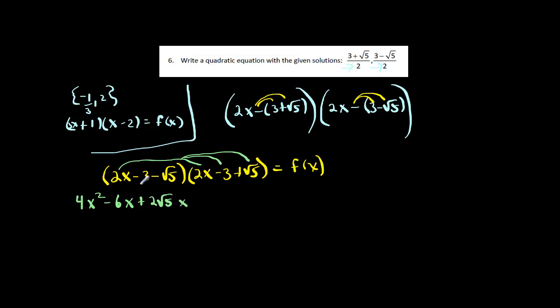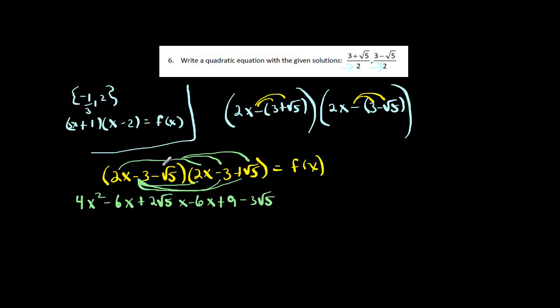Now we do that with the negative 3. So negative 3 times 2x is negative 6x. Negative 3 times negative 3 is positive 9. Negative 3 times positive root 5 is negative 3 root 5.